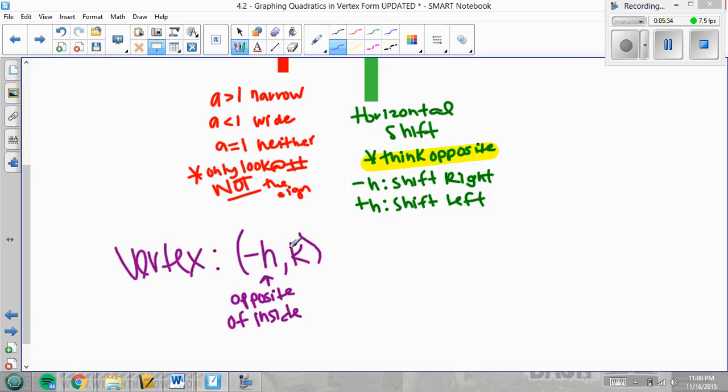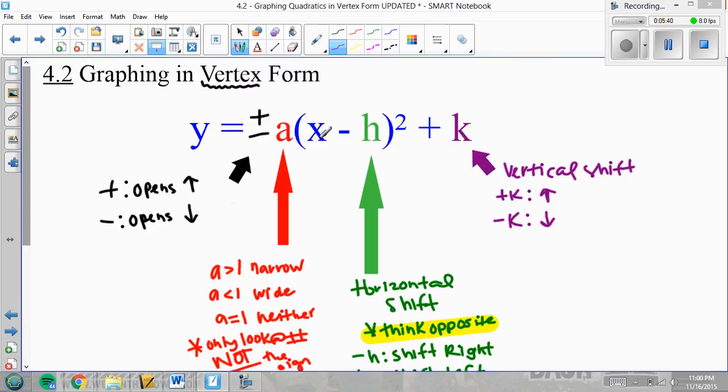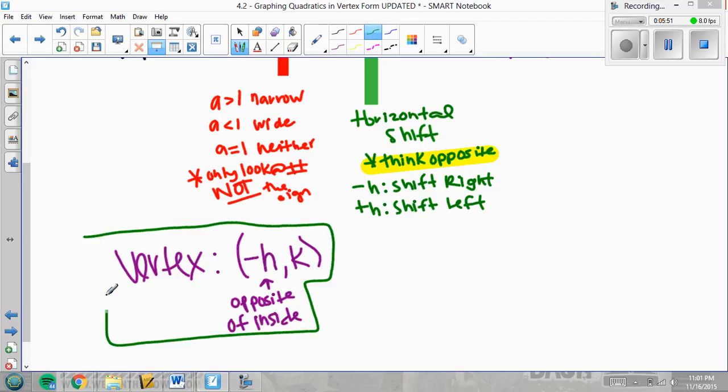And k just stays the same. So remember, think opposite when you are thinking of the inside. Just like your horizontal shift, you're thinking opposite. So I would make sure that you highlight this part, put a box around it, star, something, because that will be very important that you know the negative h, k.